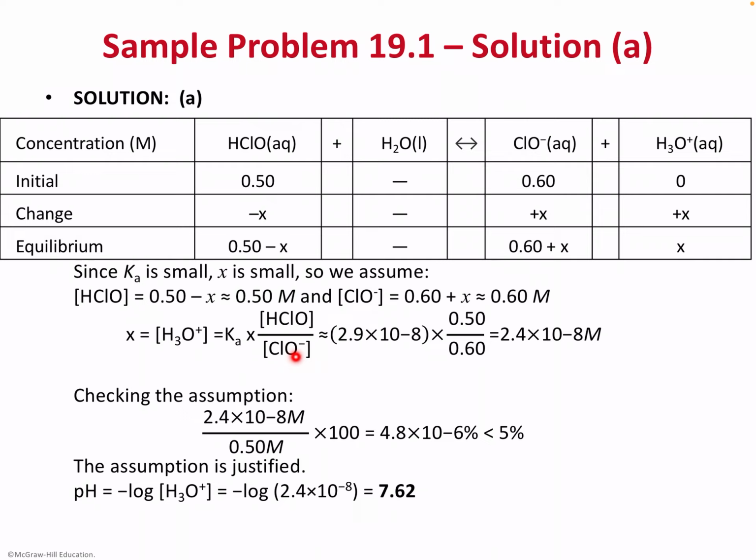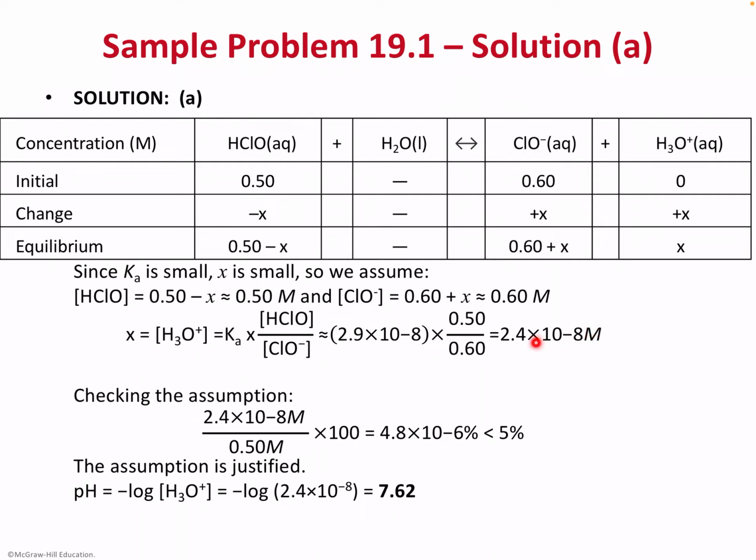We did this in one of the previous slides in this section. So hydronium ion concentration: Ka was given as 2.9 × 10^-8, and HClO at equilibrium is 0.5 and ClO⁻ is 0.6. So 2.9 × 10^-8 times 0.5 over 0.6 gives hydronium ion concentration as 2.4 × 10^-8.